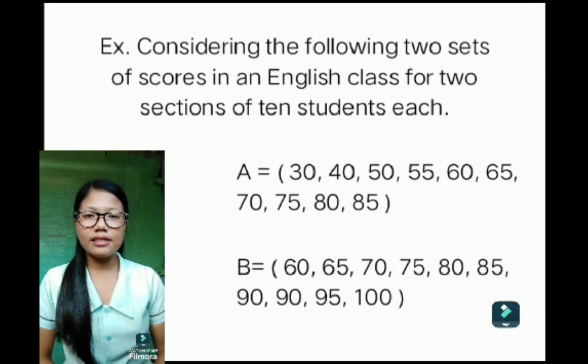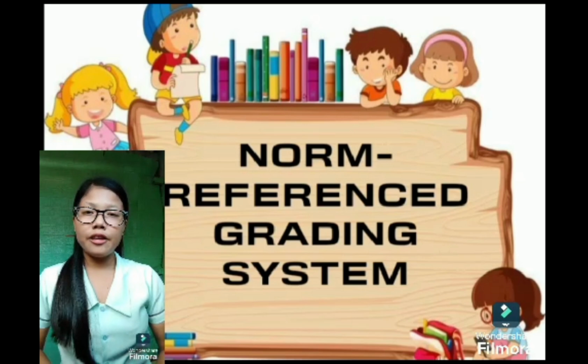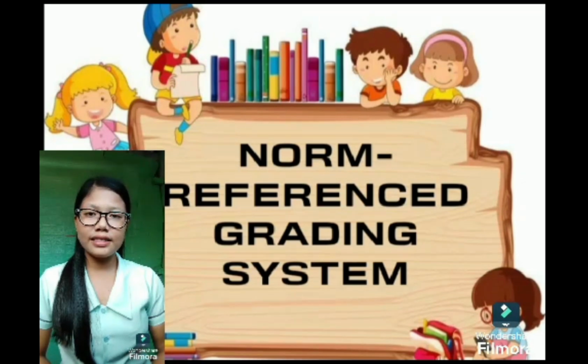While in the second class, the student who gets the same grade, which is 80%, would correspond to a raw score of 90. Indeed, if the test used for the two classes is the same, it would be an unfair system of grading.